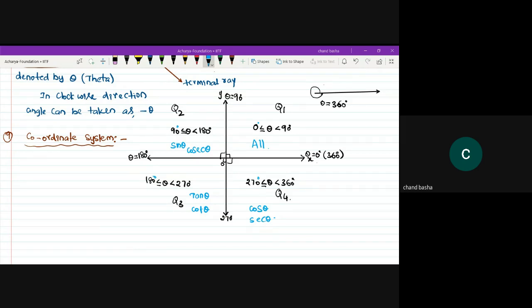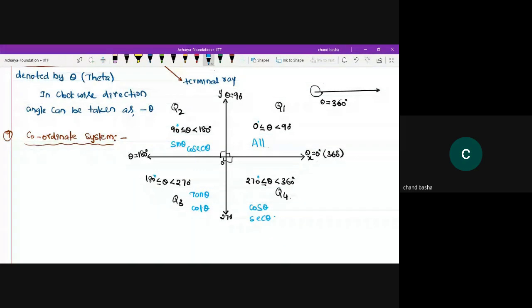But in trigonometry, we fix only a few values, because I cannot remember all the values of the trigonometric ratios. I have only 6 ratios, and I can remember only a few values.